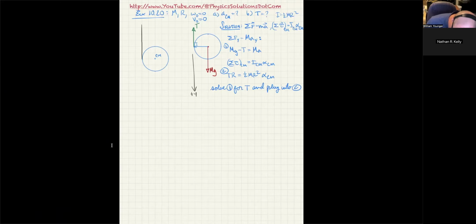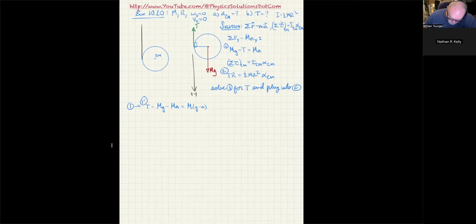So solving one for T is going to give me T is equal to mg minus ma, which is of course equal to m times g minus a. We could write it that way. I'm not sure which one's going to be better. I'm trying to solve it a different way this time than I did before, but that's okay.